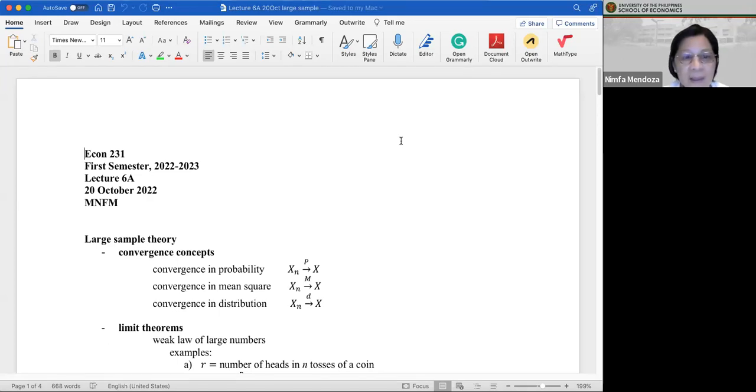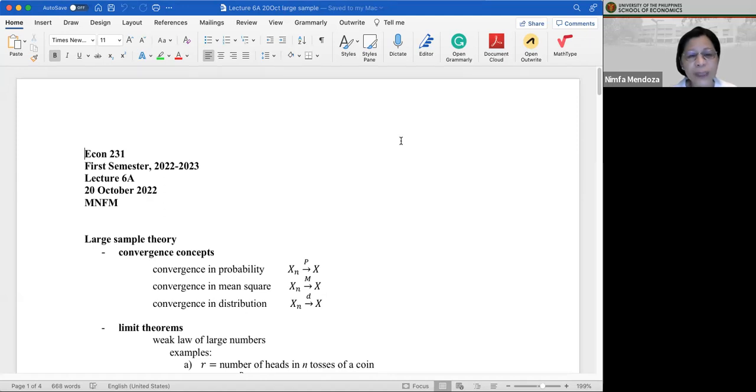So we would be starting with large sample theory, which is quite important because once you get out in econometrics, once you get outside the Gauss-Markov framework, if you have these violations, you get alternative estimation methods.